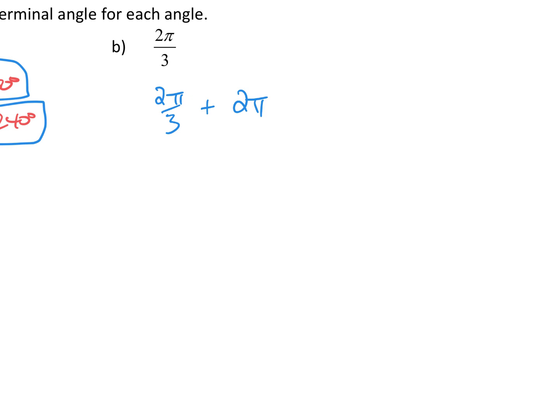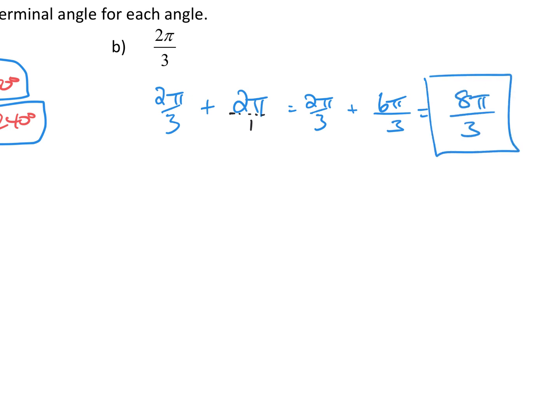We got to get a common denominator. So 2 pi over 3 can stay as 2 pi over 3. And in order to make that a 3, what has to go on top? 6 pi. 2 pi plus 6 pi, 8 pi over 3. There's your positive coterminal angle.